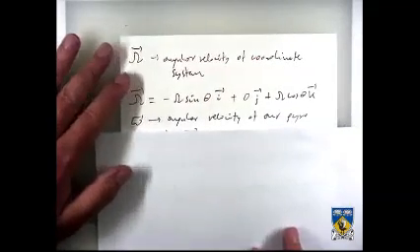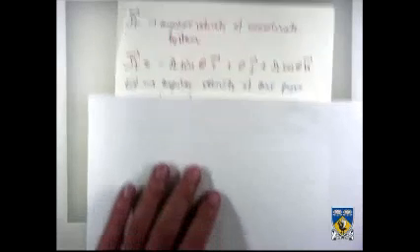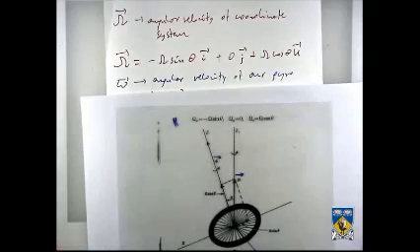Now, lowercase omega is the angular velocity of our gyro. So what are the components of lowercase omega? Well, the idea 0, 0, phi dot is not good, because this is not the total angular velocity of our gyro, because it also precesses. It's spin plus precession.